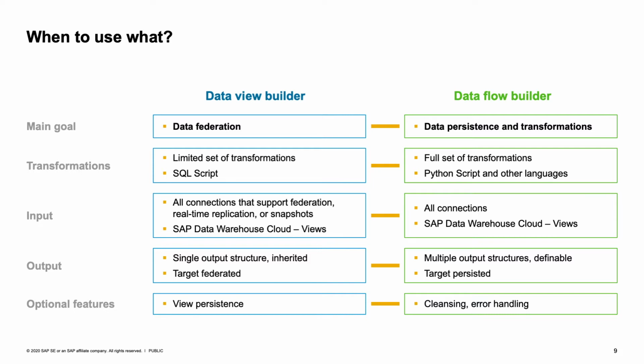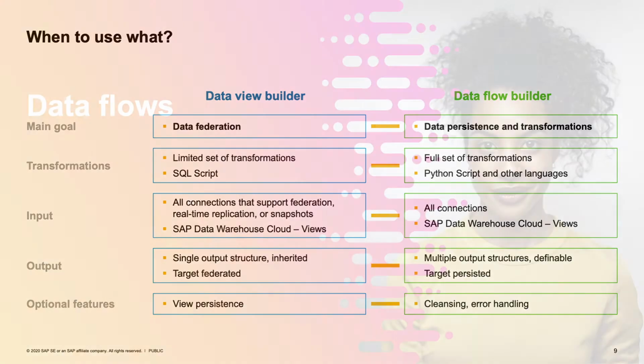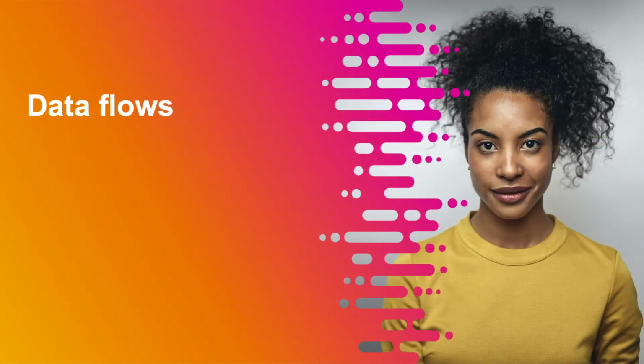As optional features, you have on the data view builder side the possibility to persist the view that you created in a snapshot scheduled fashion, whereas on the data flow builder side, you can also apply other harmonization enterprise grade mechanisms like data cleansing and error handling that you need to monitor and run your data flows to make sure that the data is available at the right time in the right format.